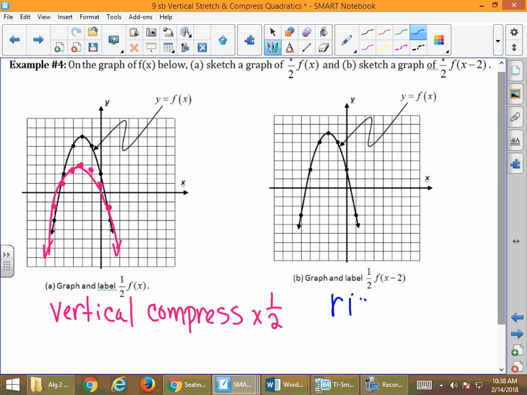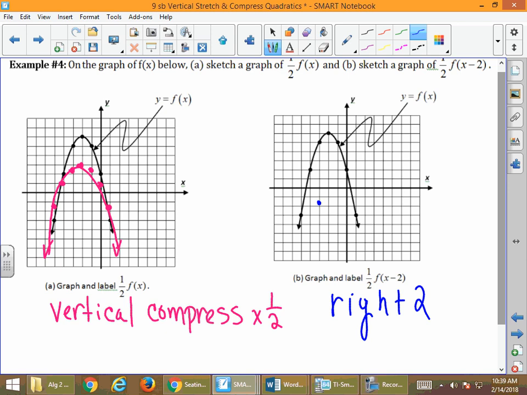We're going to go right. Now we're going to take our pinkish colored graph, and we're going to move every point 2 spaces to the right. So this point over here at negative 5, negative 1.5 is going to be at negative 3, 1.5.